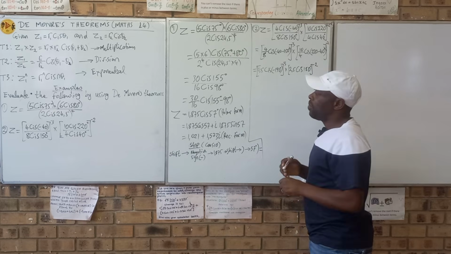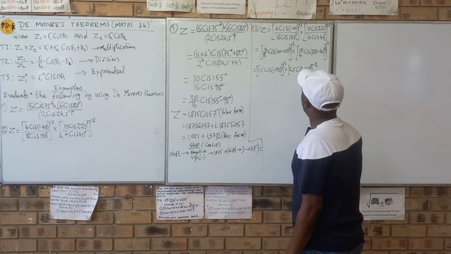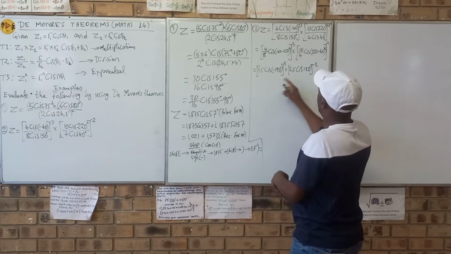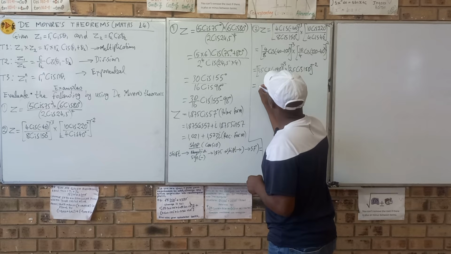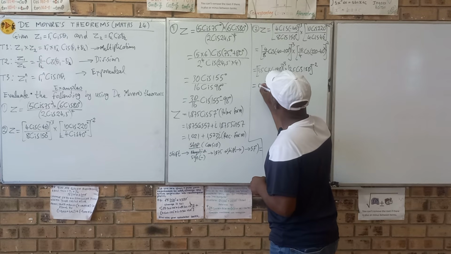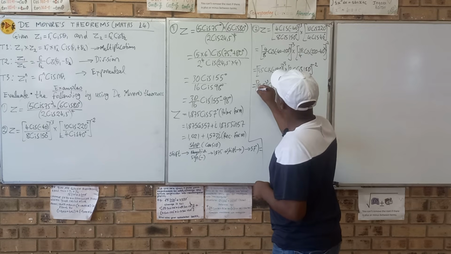So we have succeeded in applying theorem number 2, the division theorem, to our problem. Then we need to go to theorem number 3 for each of them because each has an exponent. So I will get 0.5 to the exponent 3, with angle negative 190 times 3. So that's my first complex number.